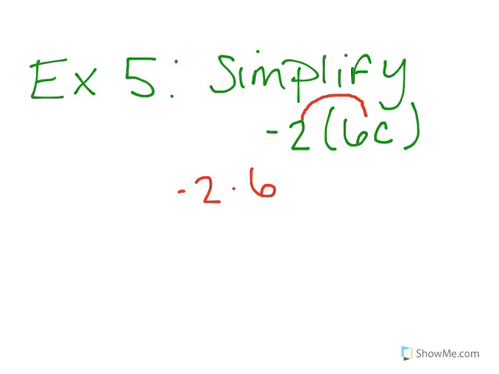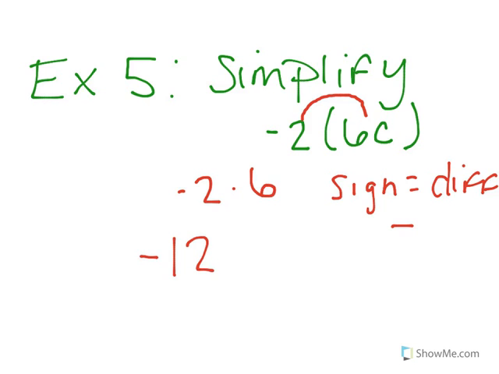The c is going to go into my answer. First, -2 times 6: the signs are different, so the answer has to be negative. -2 times 6 is -12, and then I add that c at the end. So my answer is just -12c.